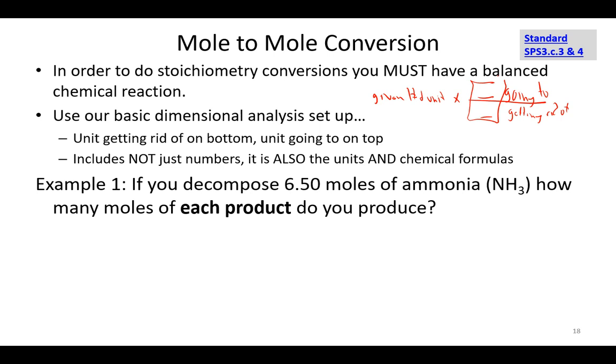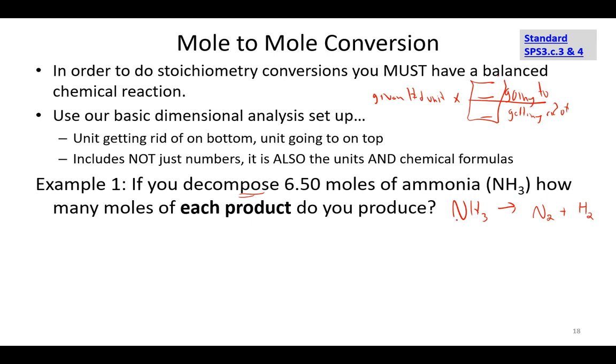So, looking at this first example, I'm not giving you the chemical equation right away, but it's talking about decomposition. That means my ammonia is breaking down. And we know that if we're looking at decomposition, we're going to assume that it's going to break into the elements. But I have to remember that nitrogen and hydrogen are two of the 7 diatomics.